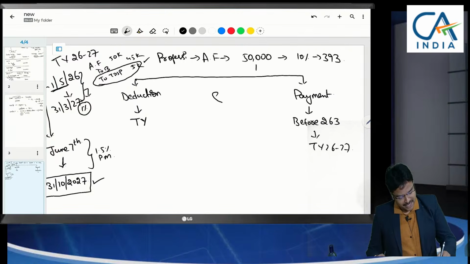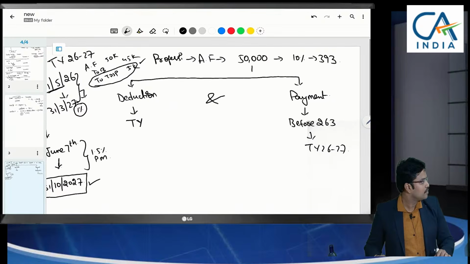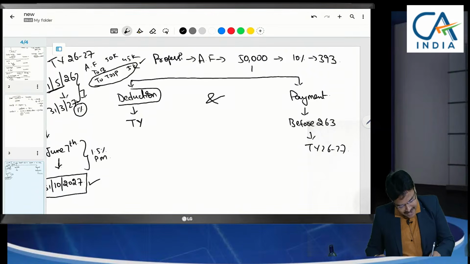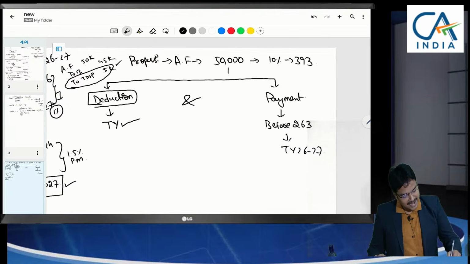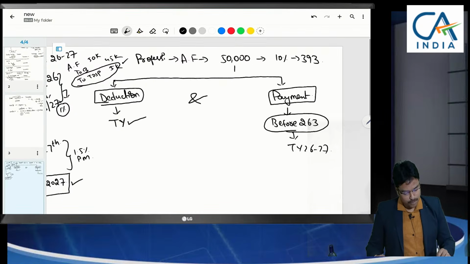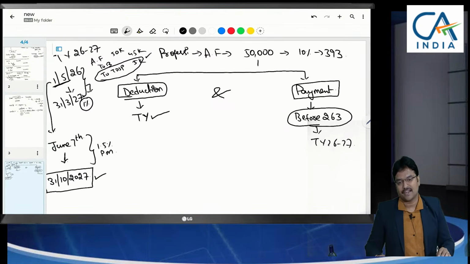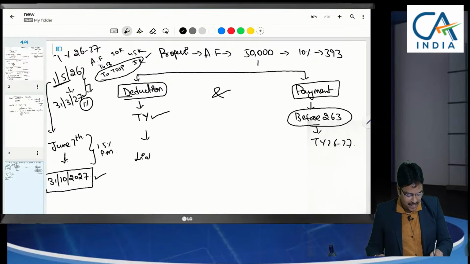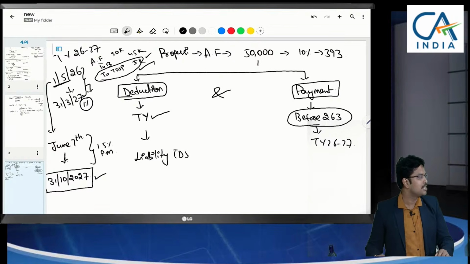So, two conditions were specified here. First condition is deduction has to be done in the tax year itself. The deducted TDS should be paid before the due date of filing return of income. Both conditions should be satisfied. Deduction in the sense of creating a liability, creating a liability for TDS payable. I have said here, to TDS payable.